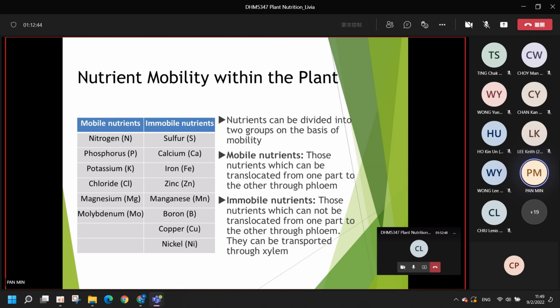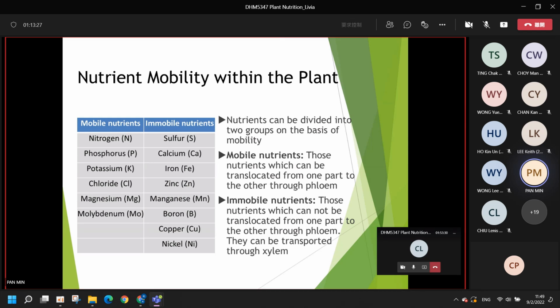So knowing which nutrients are mobile within the plant is very useful in diagnosing plant nutrient deficiency, because if only the lower leaves are affected, then a mobile nutrient is most likely the cause. In another situation, if only the upper leaves show the deficiency, then the plant is likely deficient in an immobile nutrient or one less able to move, because that nutrient cannot move from older to newer tissue.